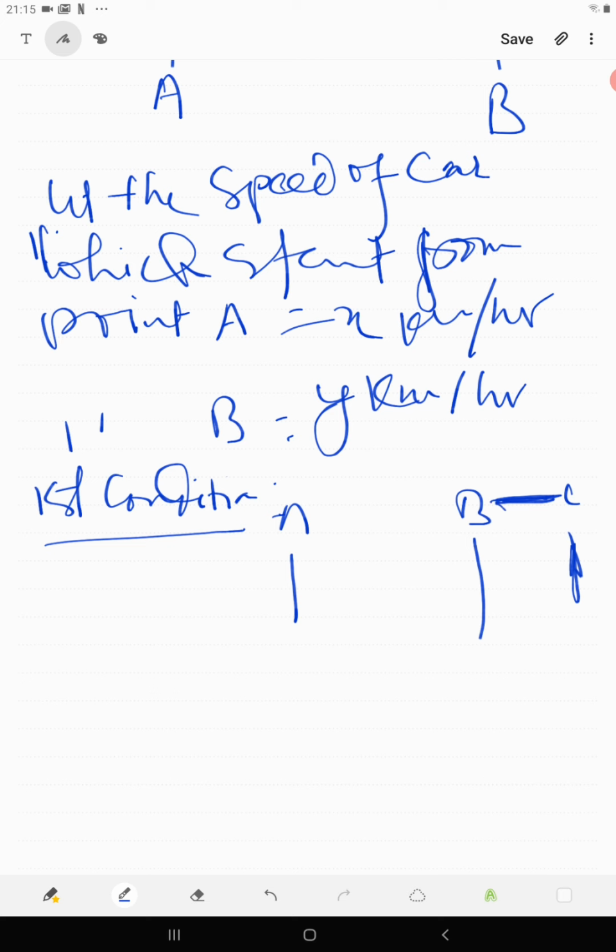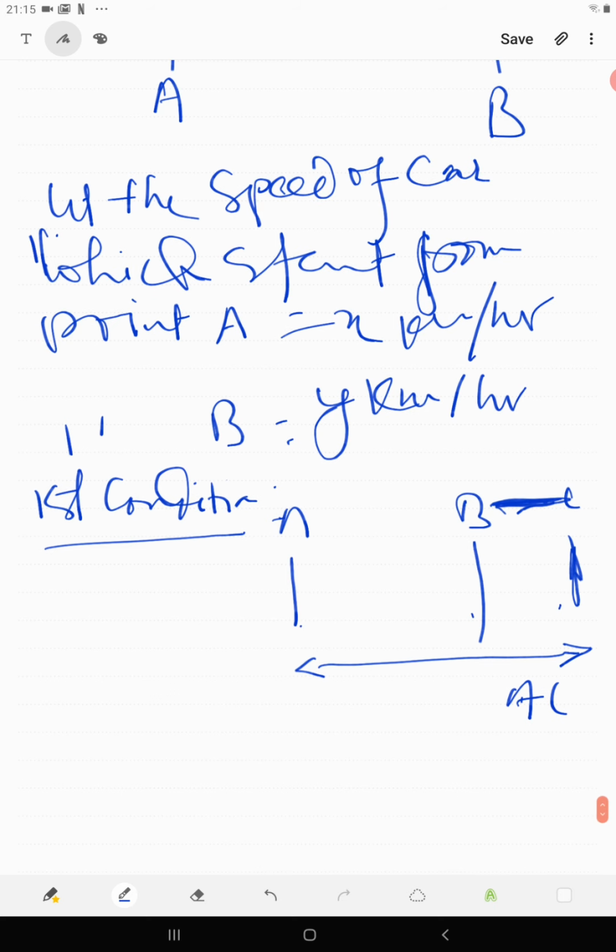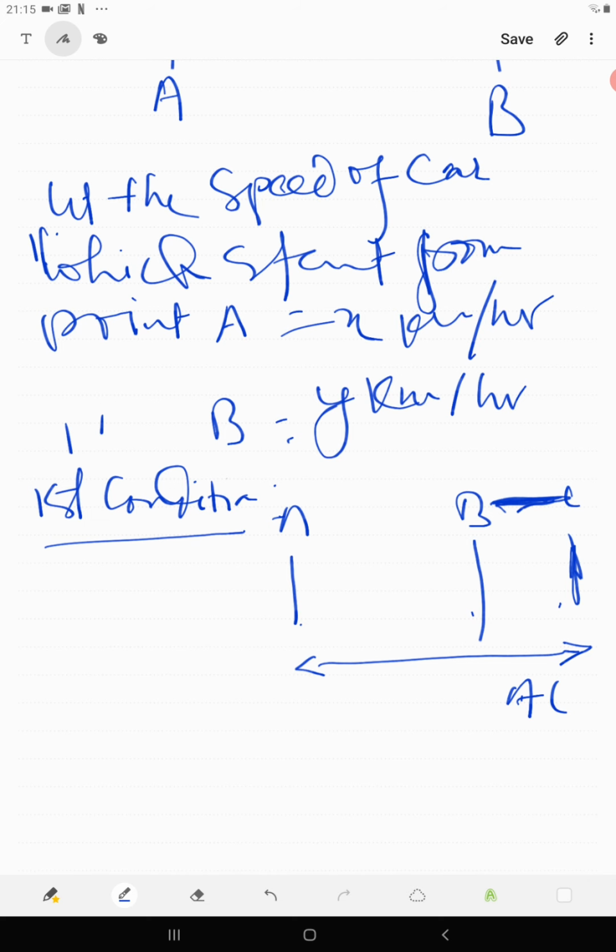This is the distance he is covering, but A is going up to AC, correct? So AC minus BC, the distance covered by the car from A to C minus the distance covered from B to C, is nothing but the distance AB, that is 100. Correct or not?